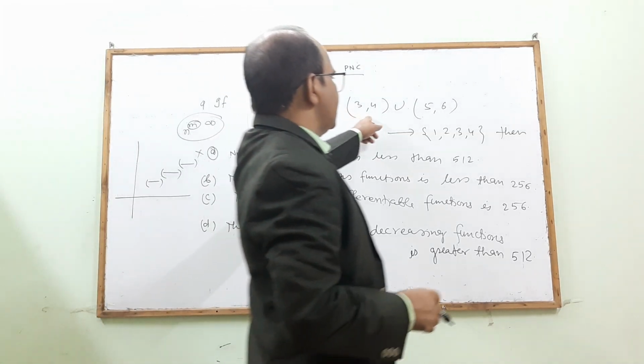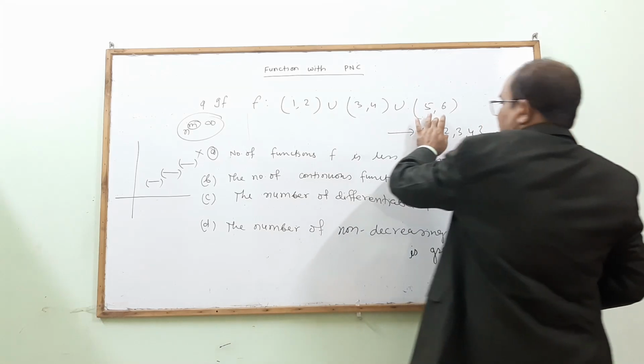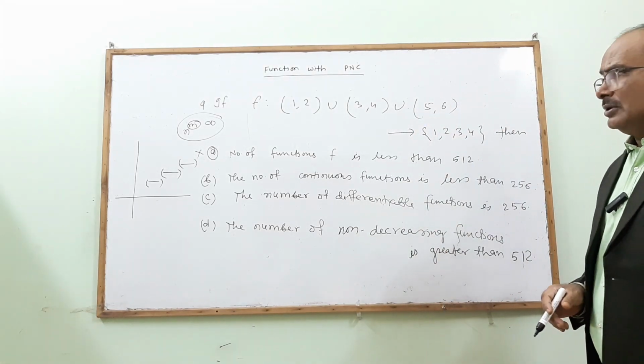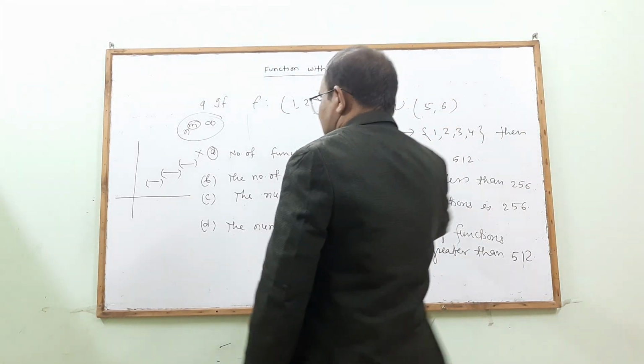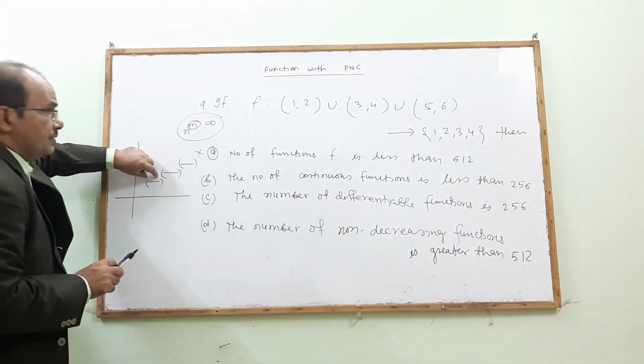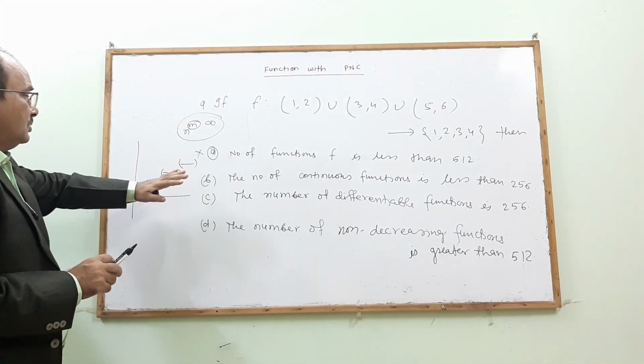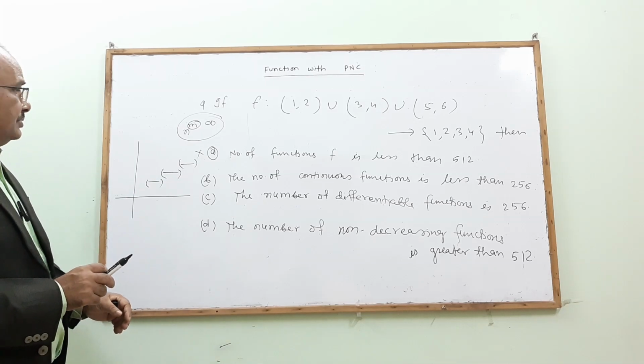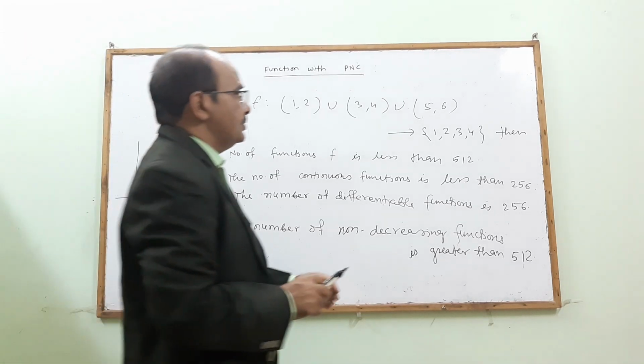How many intervals are there? 1, 2, 3. These values can be rearranged in how many ways?